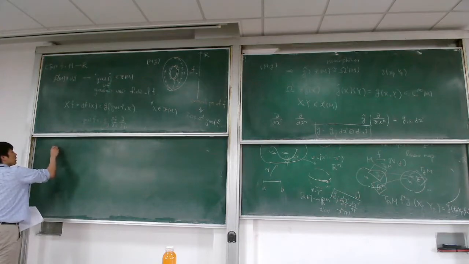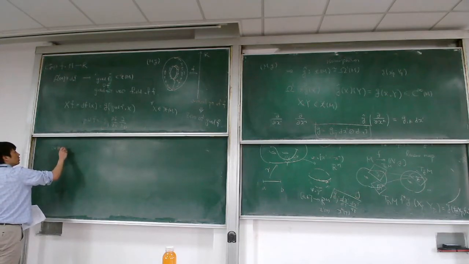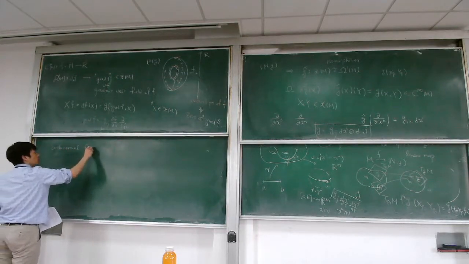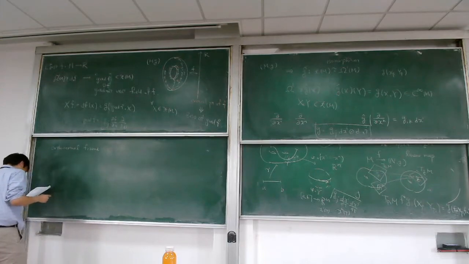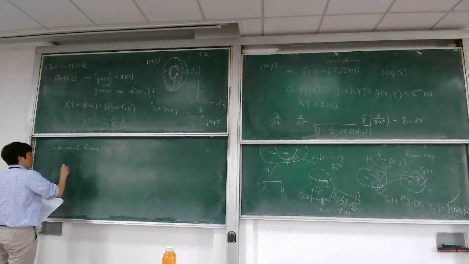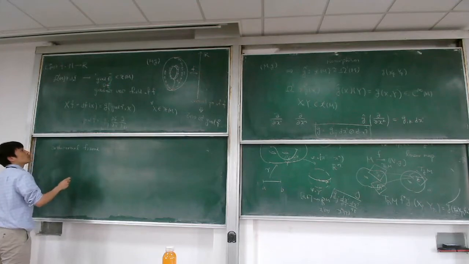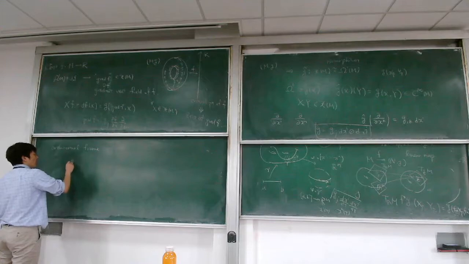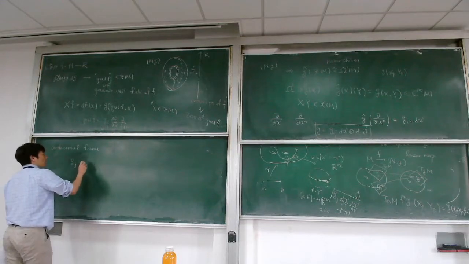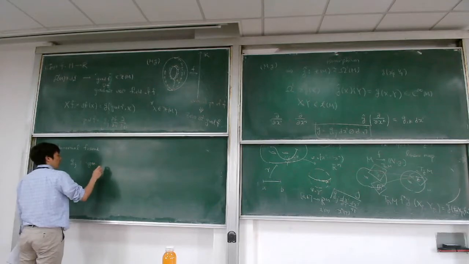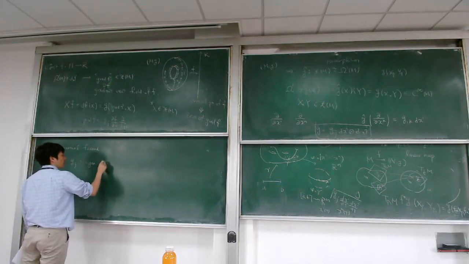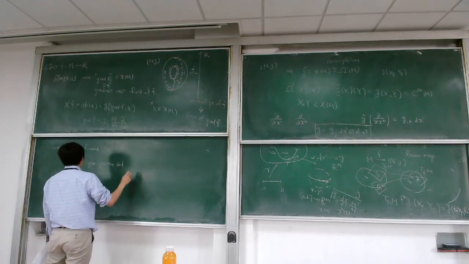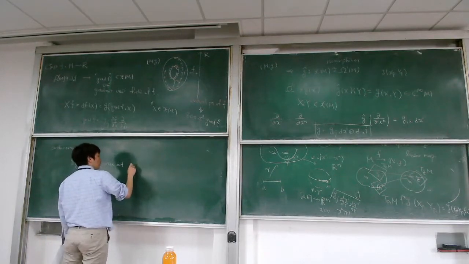In local coordinates, g_ij is indeed symmetric, positive definite, and also non-degenerate.